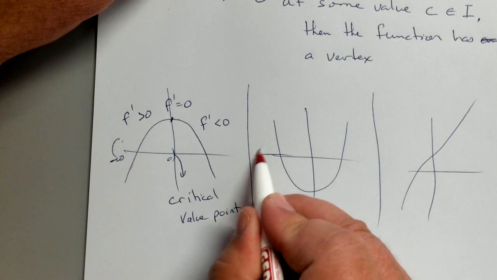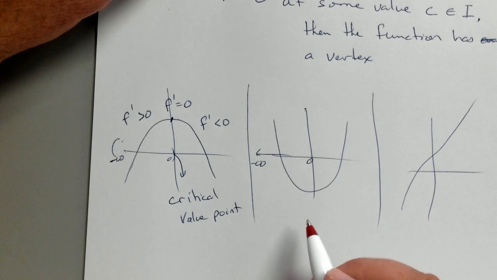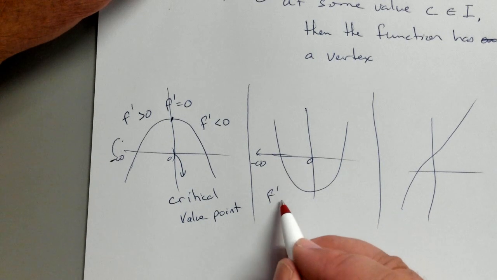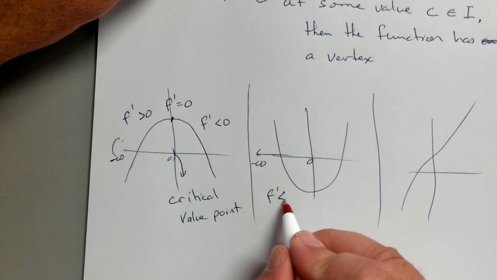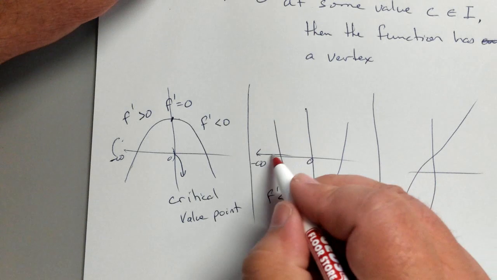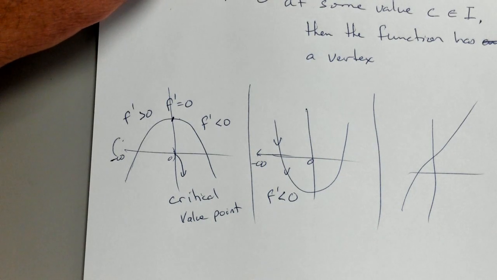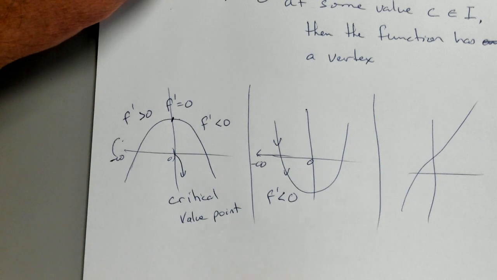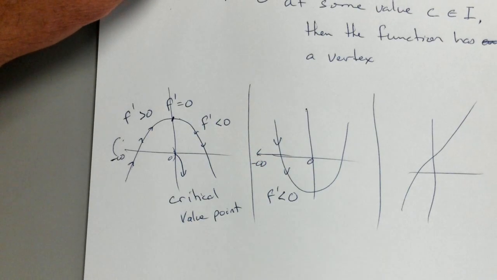In the second one, you go from negative infinity to 0. What's the first derivative doing there? Is it positive or negative? It's negative because the graph is going down as we read left to right. And we always read left to right. This side is going down.